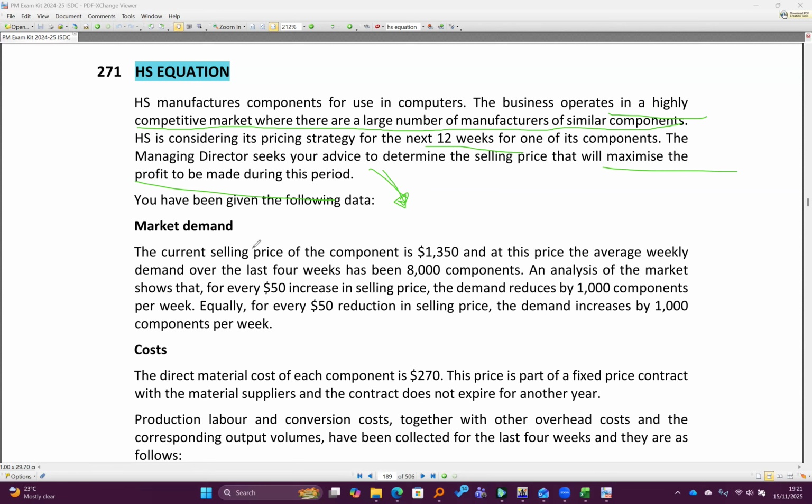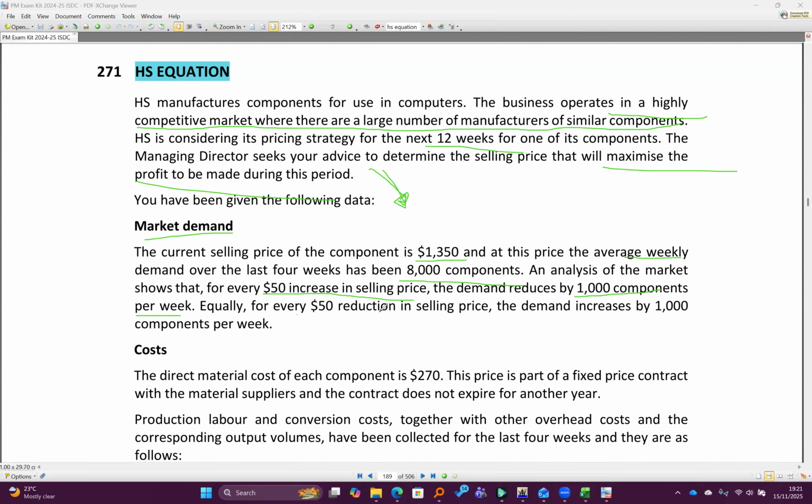So here we have market data for demand. Right now we are selling it at 1,350, and the demand over the last 4 weeks is 8,000 components per week. Then the analysis shows that if we increase selling price by 50, demand reduces by 1,000 components per week.